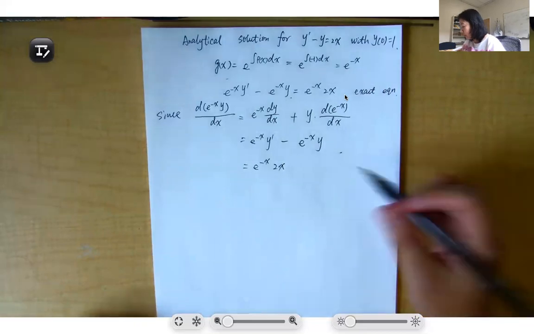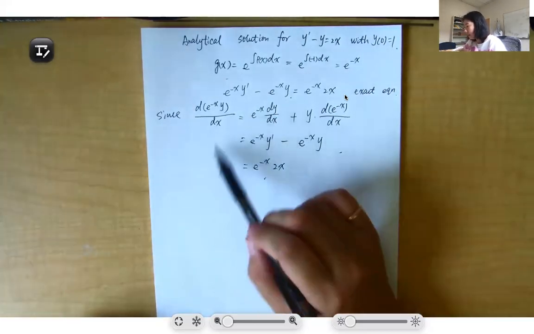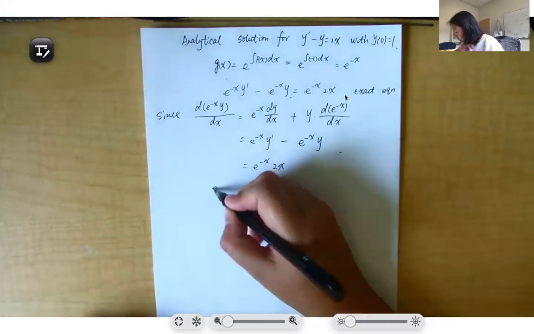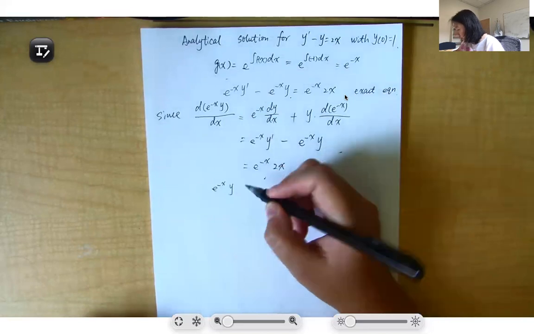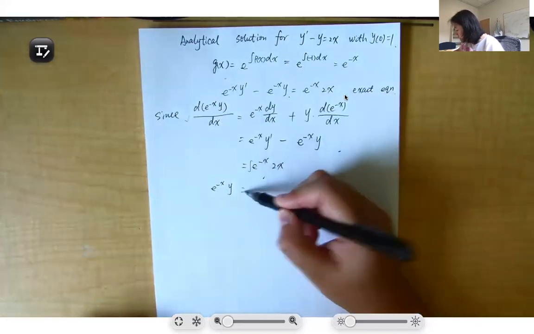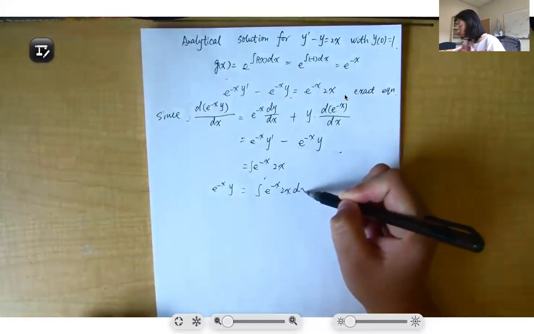So we just integrate both sides, and then we can get our final solution. So e to the minus x y, integrating both sides, will be equal to the integral of e to the minus x 2x dx.